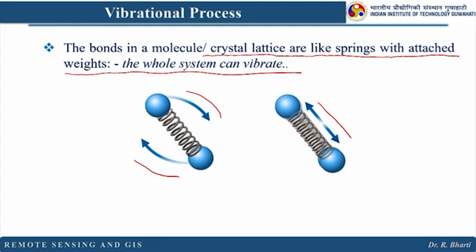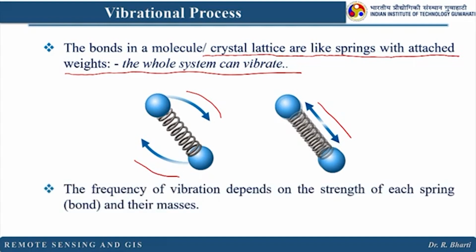The frequency of vibration depends on the strength of each spring or bond and their masses. Suppose this is heavier and this is lighter, then this won't move and this will vibrate. If the spring is very soft, then it will vibrate more, but if the spring is very strong, then it will vibrate less.